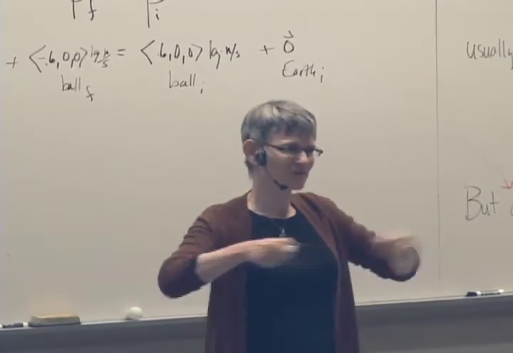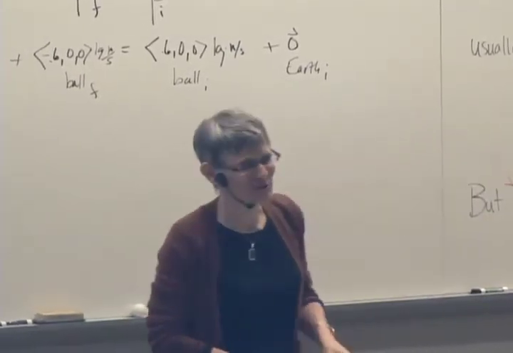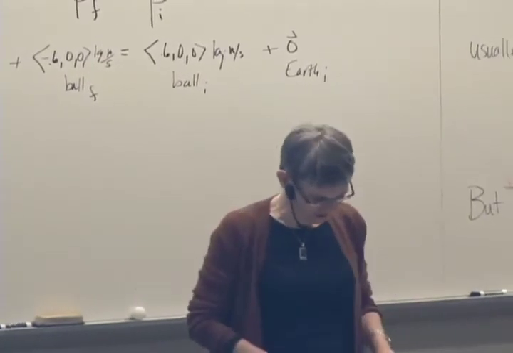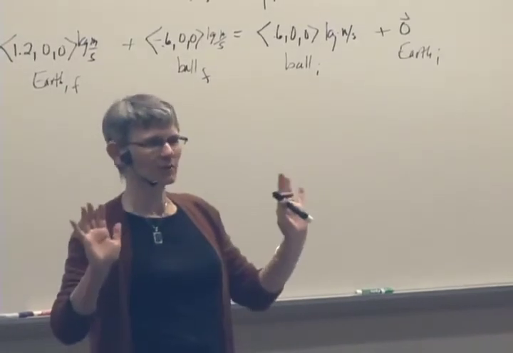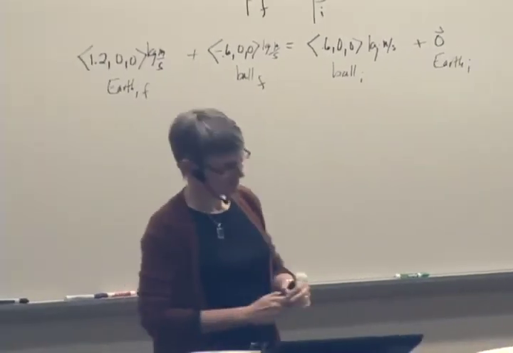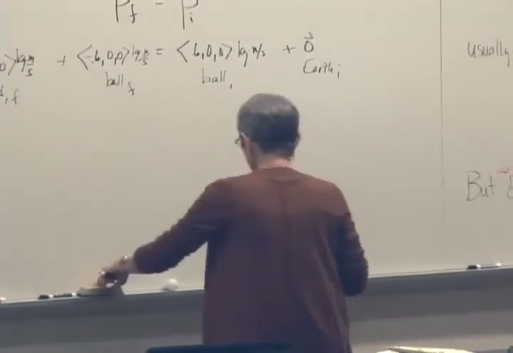So there must be lots of very imperceptible changes in the Earth's momentum due to all these things interacting with it. Okay, so we're going to actually believe the momentum principle today. We're going to use the momentum principle, we're going to use the energy principle, and we're going to see where it takes us.